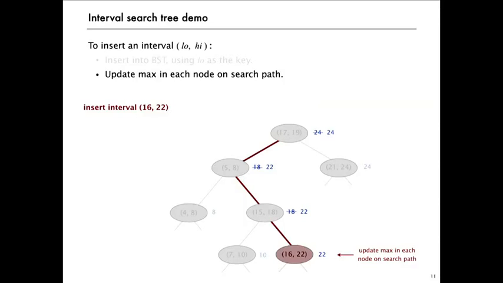For the node at the root, it's not, so that stays 24. So it's just binary tree insertion, but then after the insertion on the way up, we check if the maximum that we have is bigger than the maximum there and update it if necessary. So easy to code.